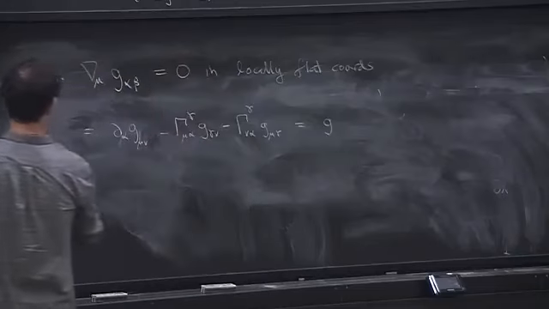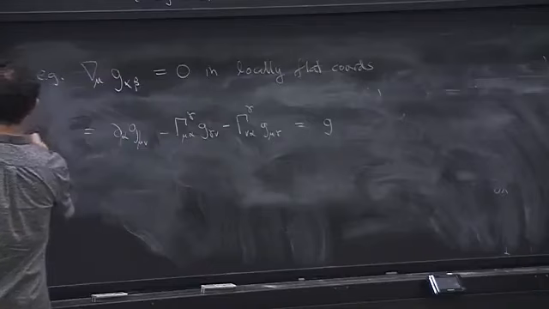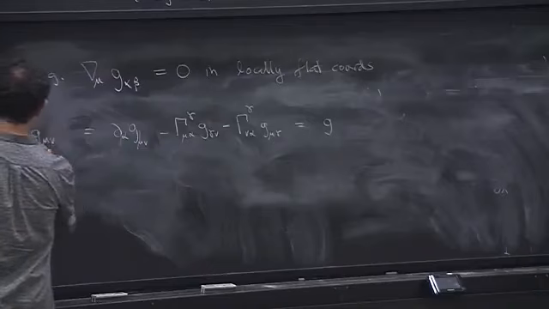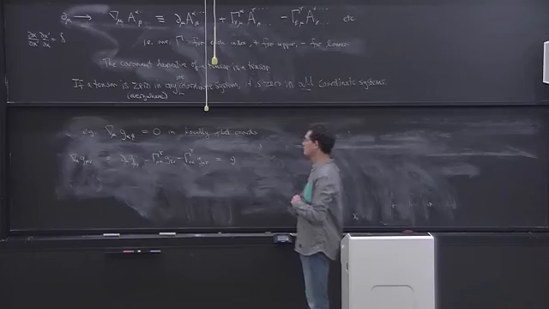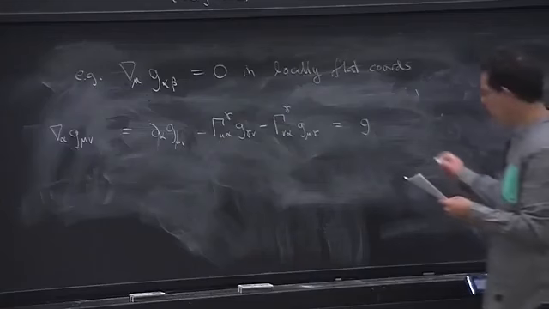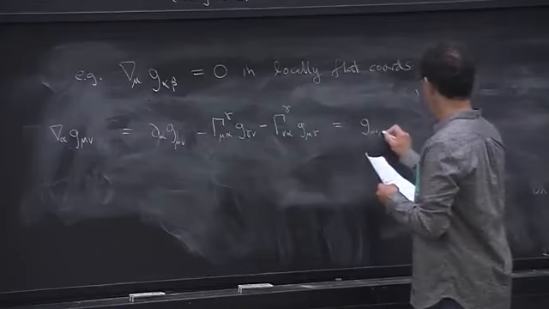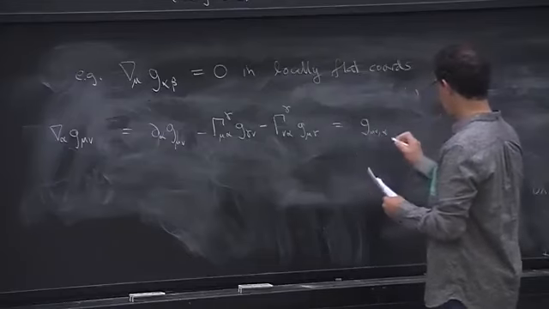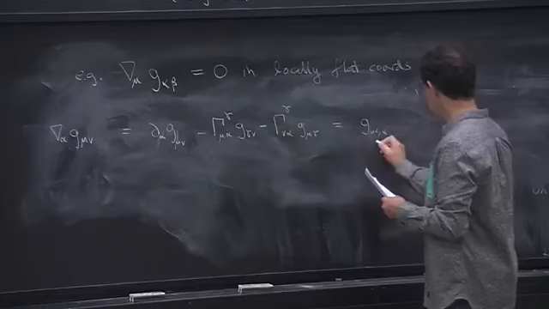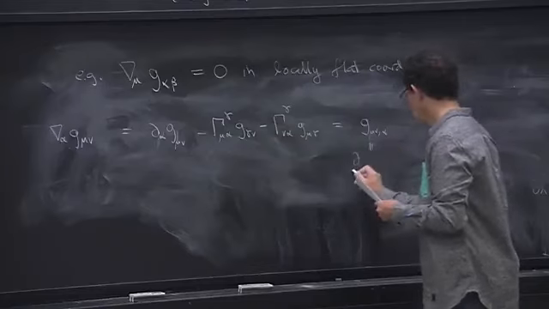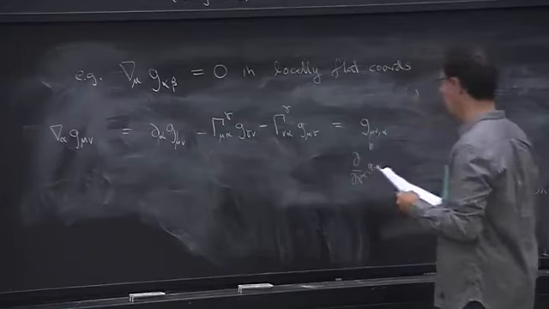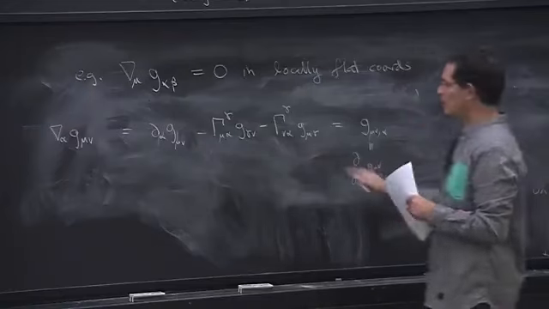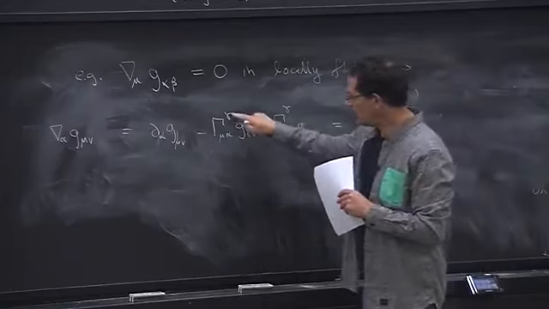Sorry, I've changed my indices around. D alpha g mu nu is this guy. Okay, that's the covariant derivative. So this is g mu nu comma alpha. Comma alpha is the same as d by dx alpha.